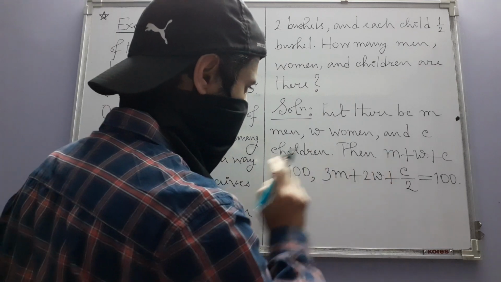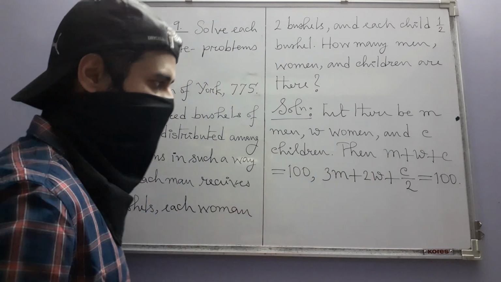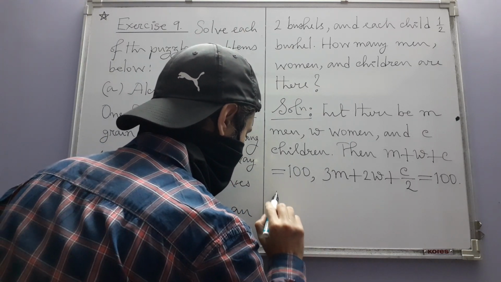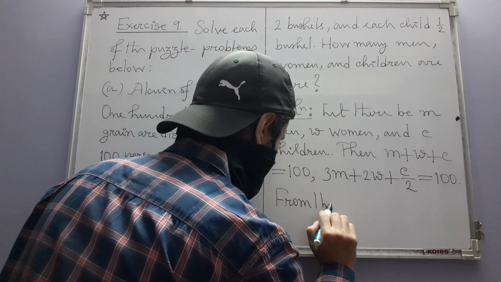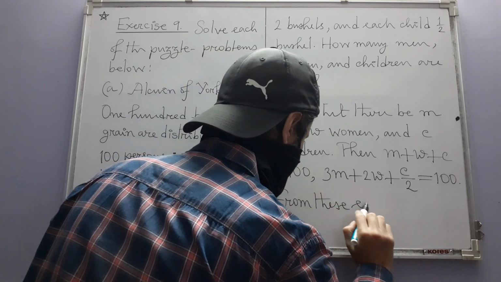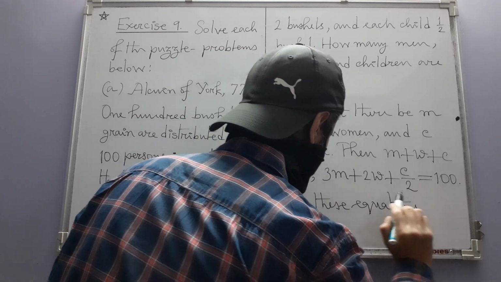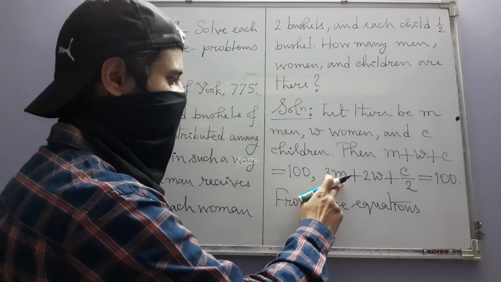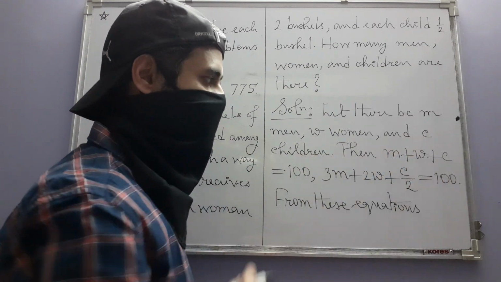Now if from these two equations one removes the variable m, you know how. You eliminate the variable m. For example, here in place of m you can put 100 minus w minus c.